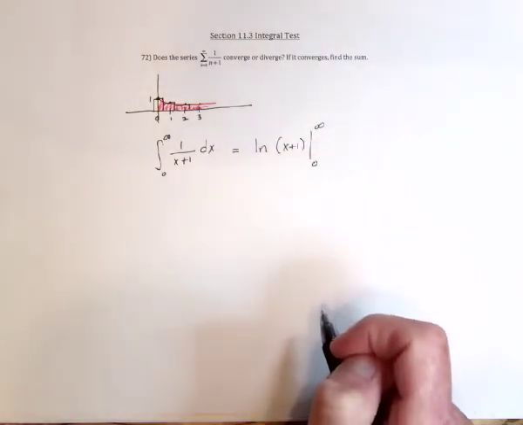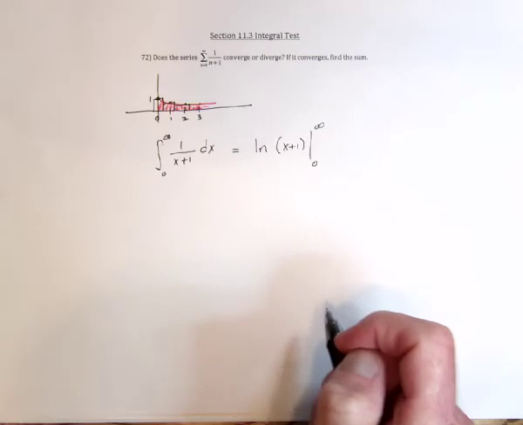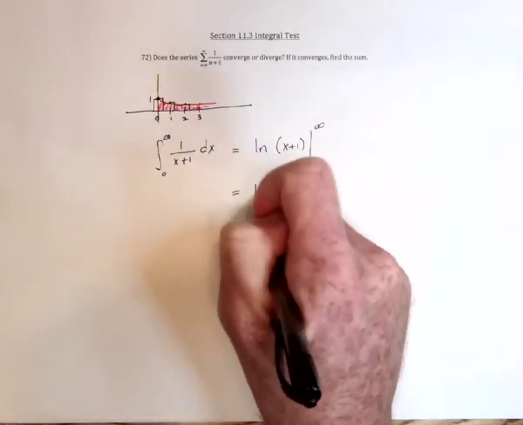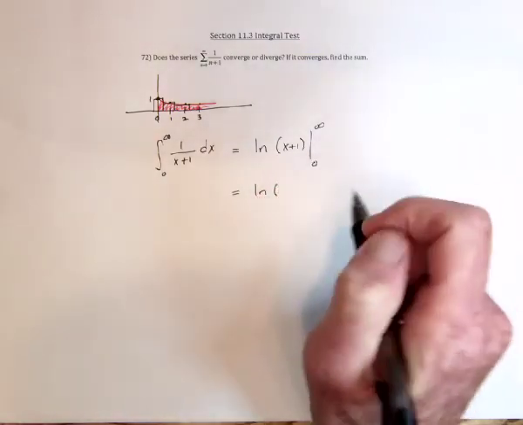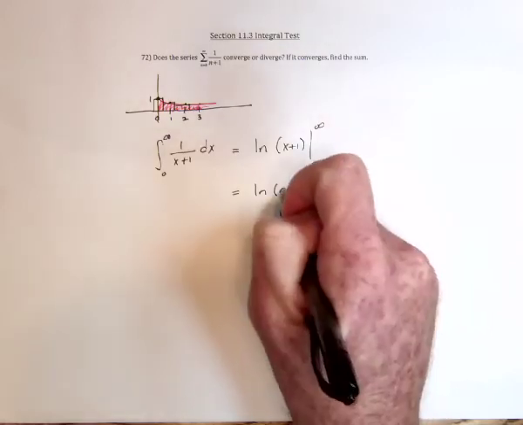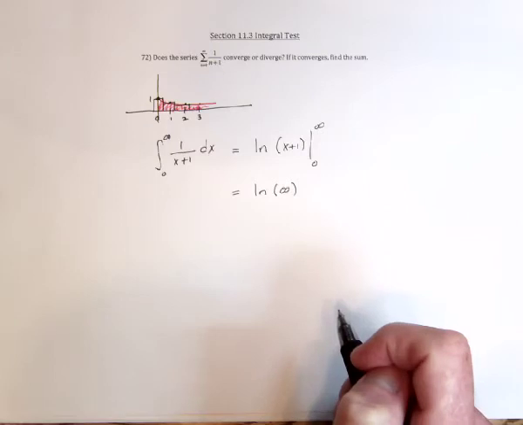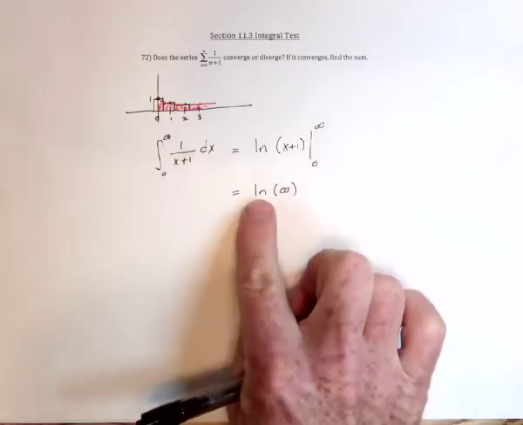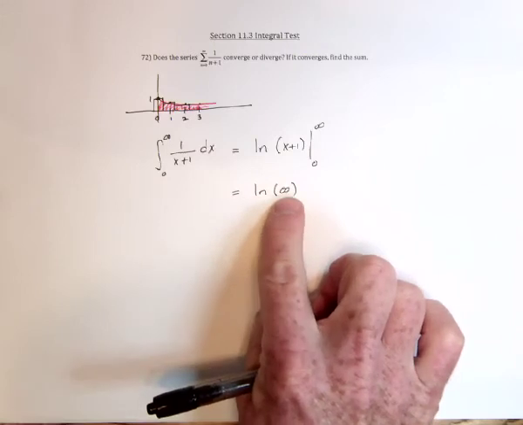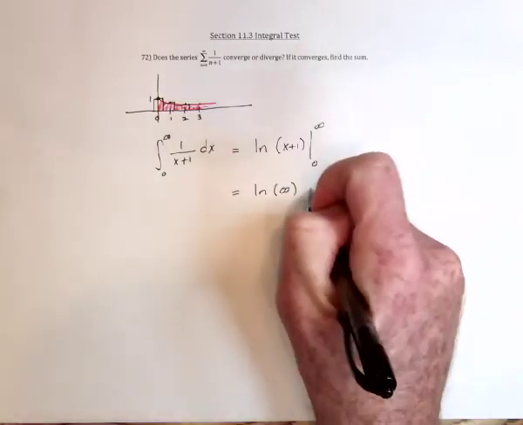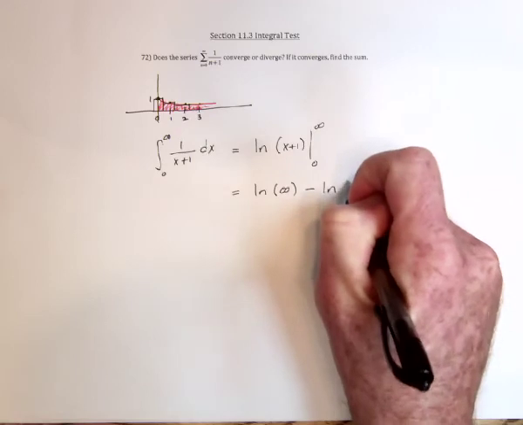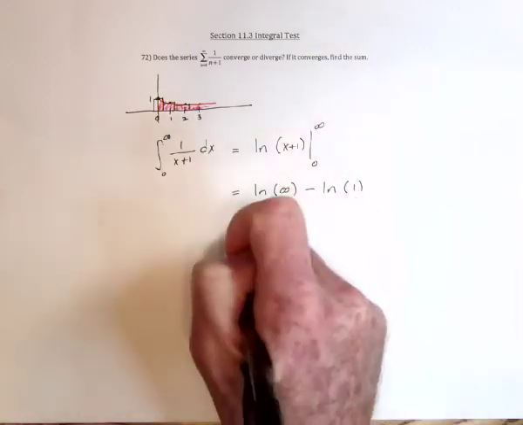So when you substitute infinity, that's going to say natural log of infinity. Technically, you're supposed to say the limit as x approaches infinity, but we can shorthand it here with natural log of infinity. Or in other words, what's happening to the natural log function as x goes off to infinity. Then substitute a 0, so it's going to be natural log of 0 plus 1.